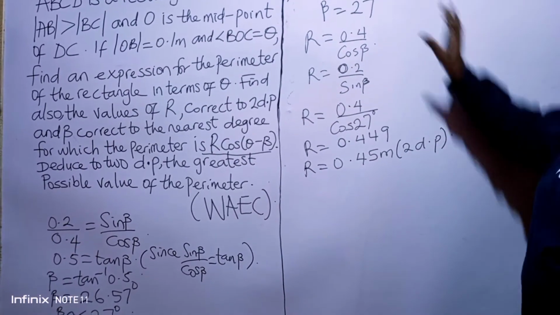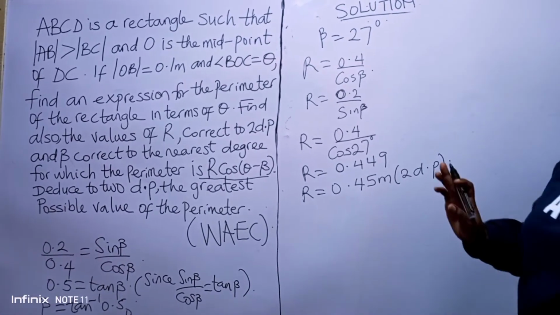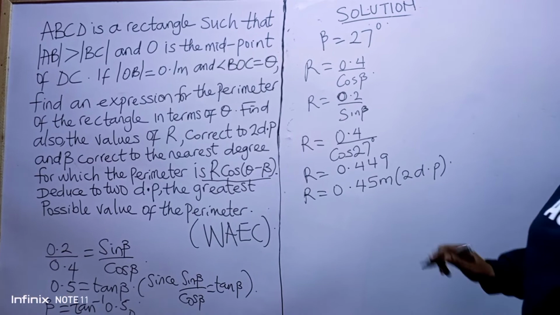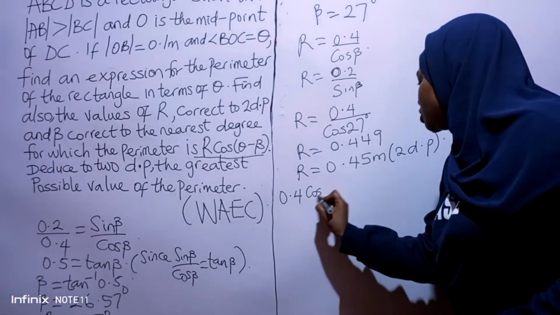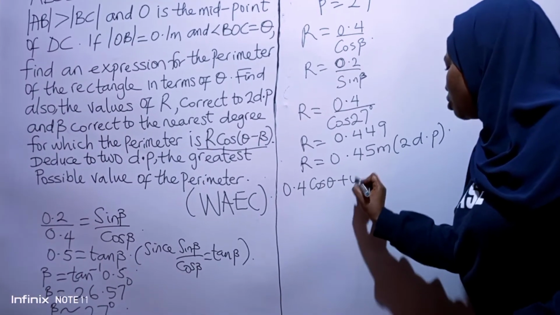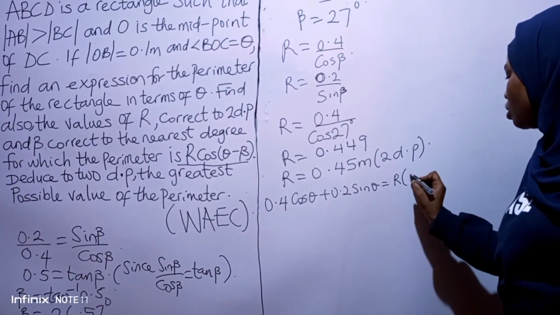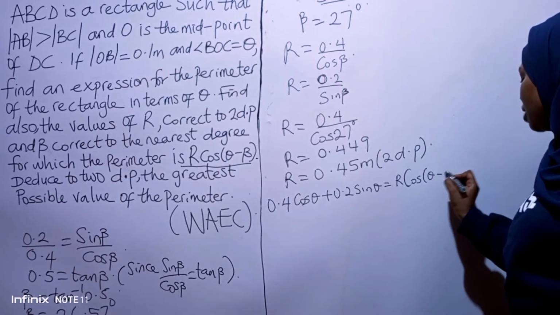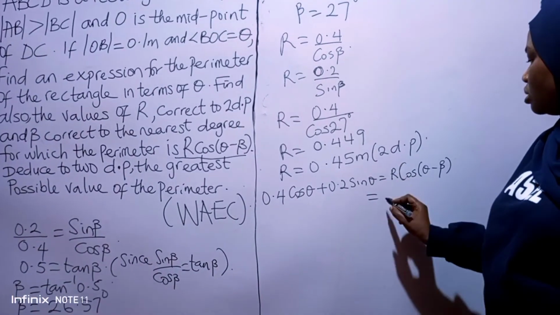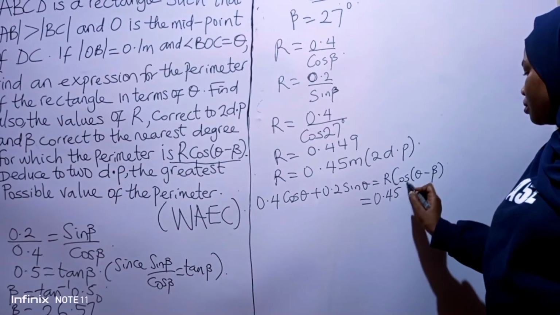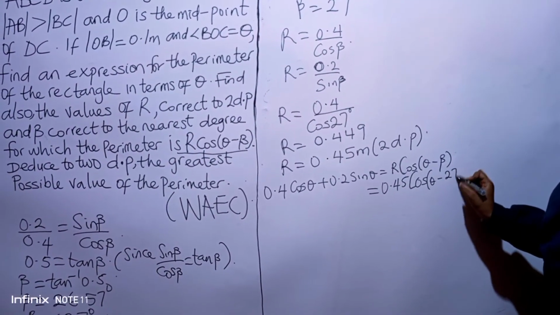So we have gotten the value of beta and the value of R. Now, the greatest possible value of the perimeter. You know that the perimeter, which is 0.4 cos theta plus 0.2 sin theta, is the same thing as R cos(theta minus beta), and our R is equal to 0.45, so 0.45 cos(theta minus 27 degrees).